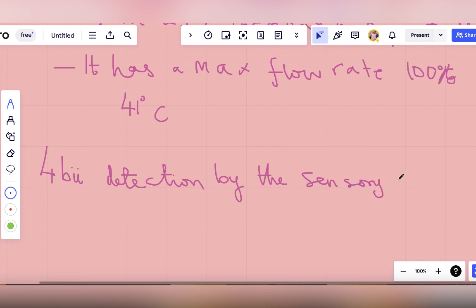The sensory neuron will sense the change in the blood that is flowing. So that's the first point we make: detection by the sensory neuron, the receptor organs. The receptor organ in this case is the skin.